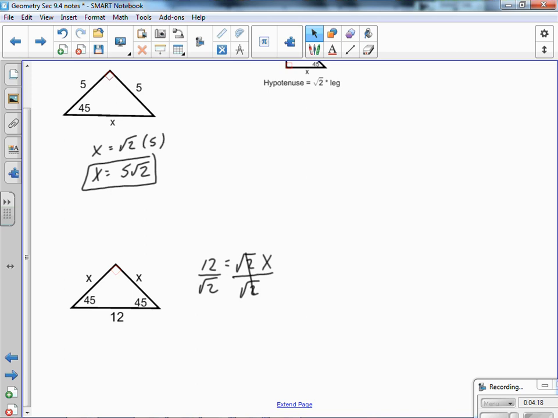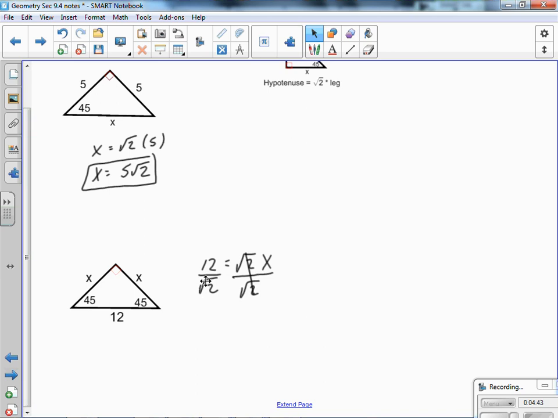Anybody know the problem with that? All right, it's mathematically incorrect to have a radical in the denominator of a fraction. So before we can call it finished, we have to adjust that answer so that there's not a radical in the denominator.